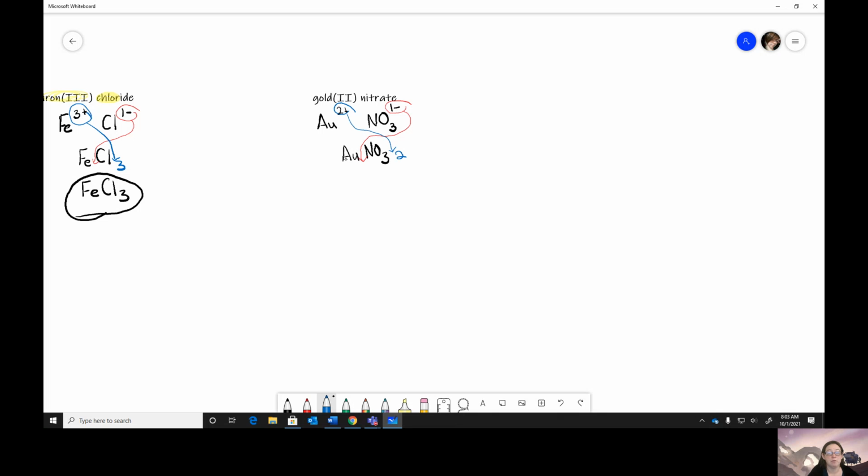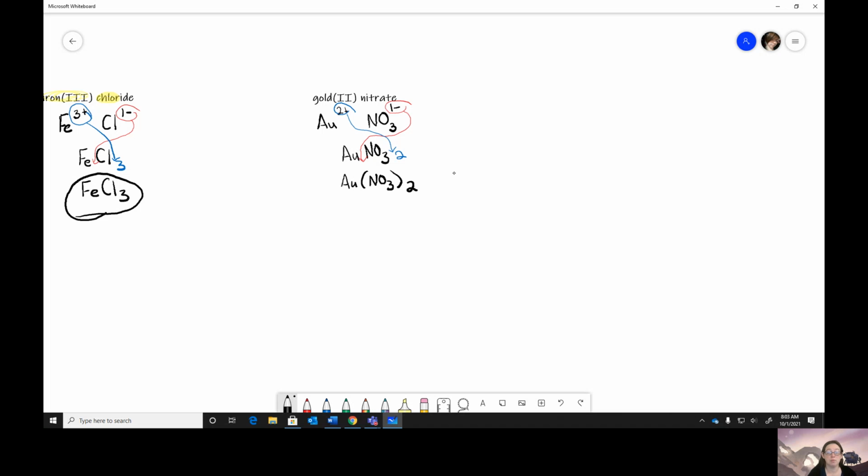Now if you look at this, it's really hard to see if this is a unit of NO3 or if it's NO32. So this is where you put in parentheses. We'll do that when we rewrite. So we have Au, parentheses, NO3, and then the 2 on the outside. This is like putting dashes around a word to emphasize it, or like putting commas in a sentence to make sure that you're saying what you mean.